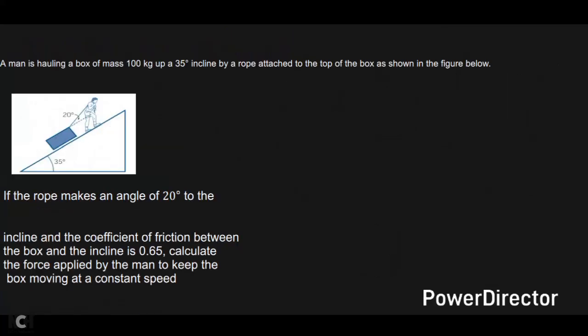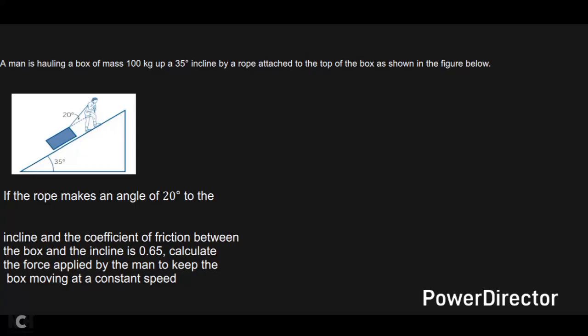Let's go into another question. A man is holding a box of 100 kg up a 5 degree incline by a rope attached to the box, as shown in the figure below. If the rope makes an angle of 20 degrees to the incline and the coefficient of friction between the box and the incline is 0.65, calculate the force applied by the man to keep the box moving at a constant speed.